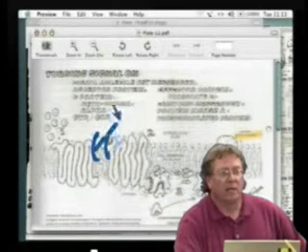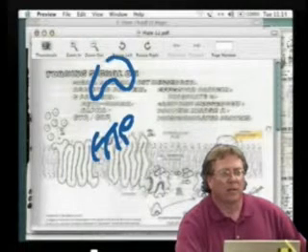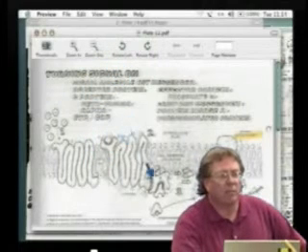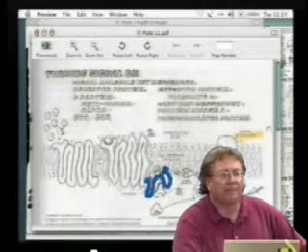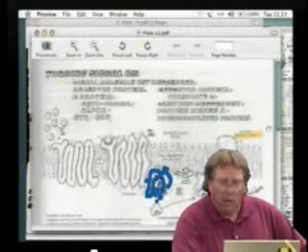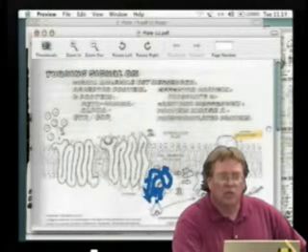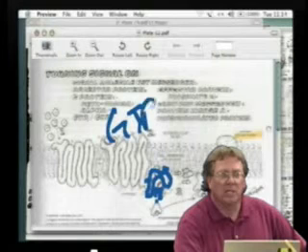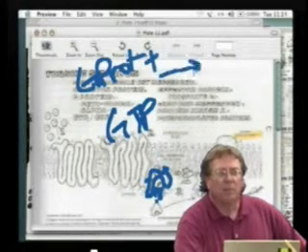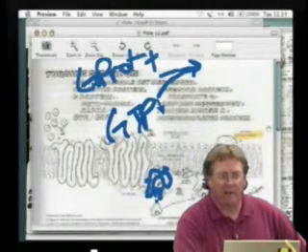They've drawn the G protein right here like this, right? And associated with that is the GDP. Well, when it is activated, it releases the GDP and binds GTP. So the G protein plus GTP move, and they move to activate another effector.